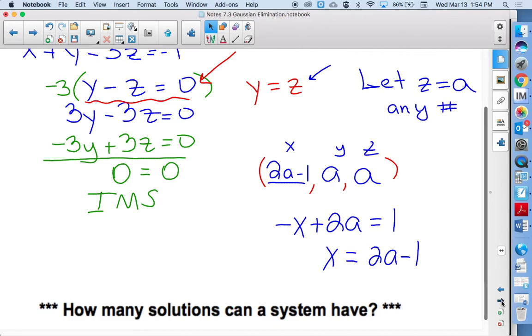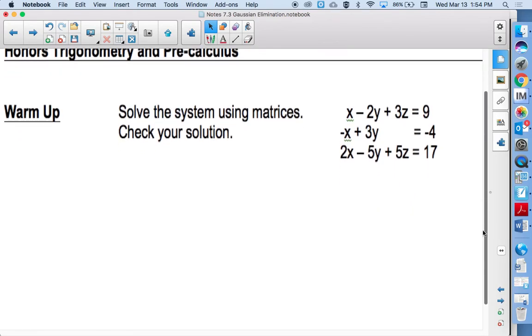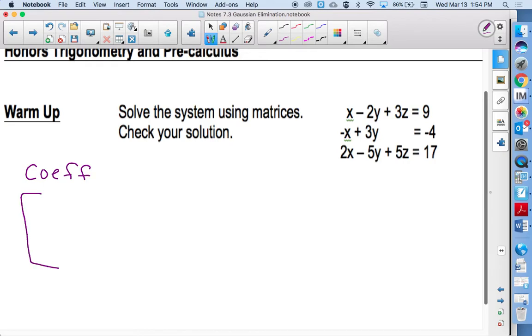But if you pull out your calculator, flip to the next page. Just going to review with you how to set an equation up in a matrix.